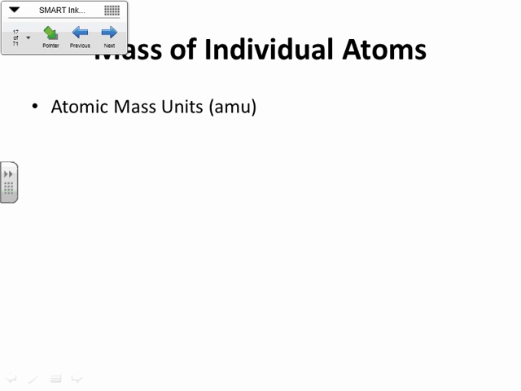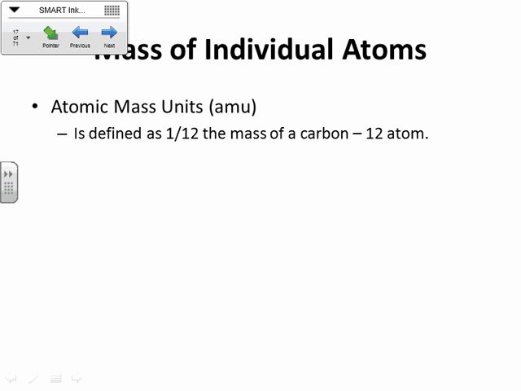Okay. So I just wanted to do that little review because that helps explain the idea of average atomic mass, okay? So atomic mass units, AMU, just by definition is 1/12 the mass of a carbon-12 atom. 1 AMU is 1/12 the mass of carbon-12.